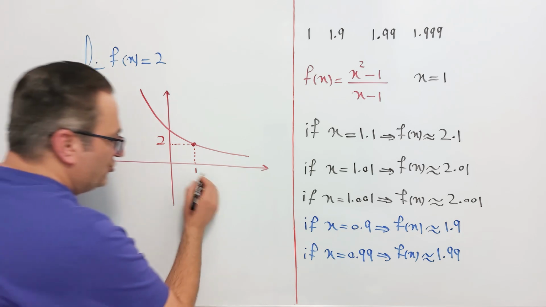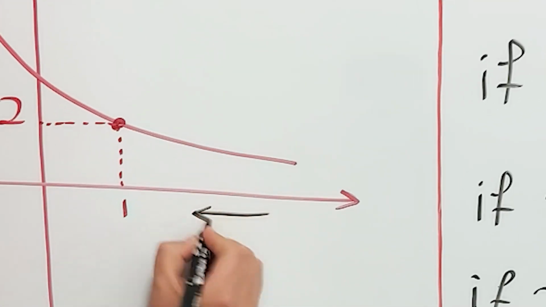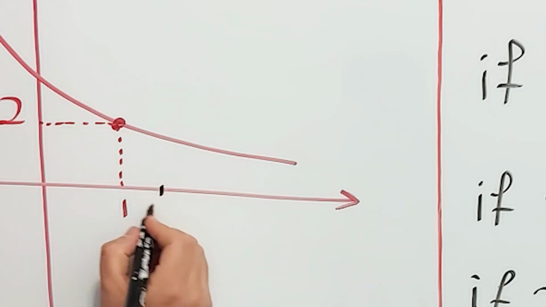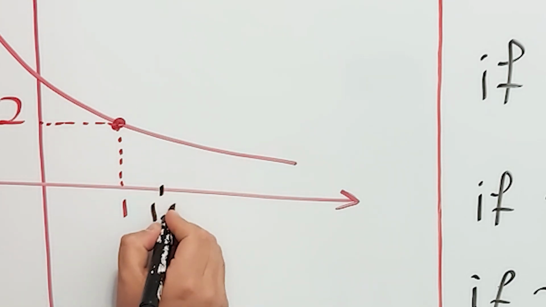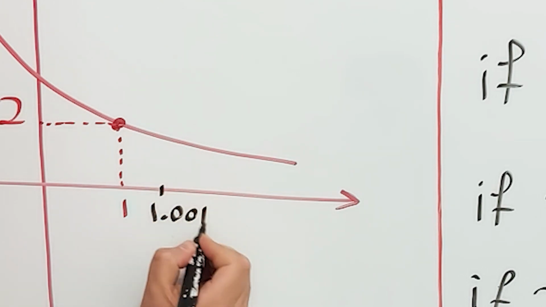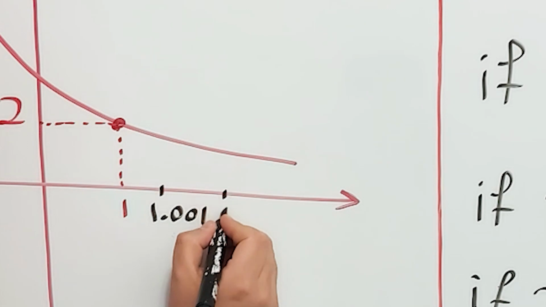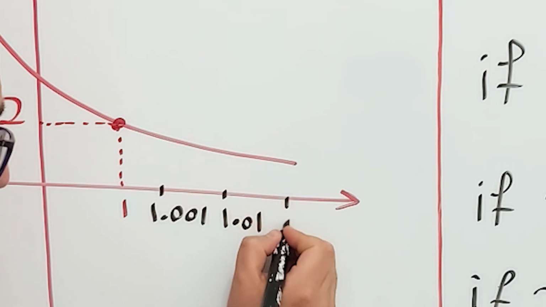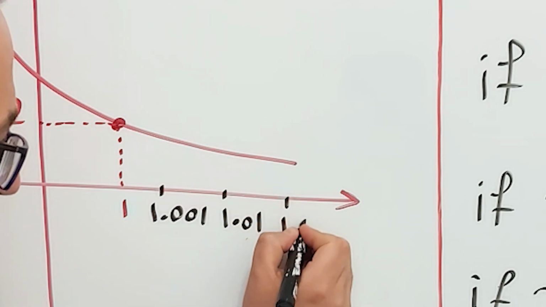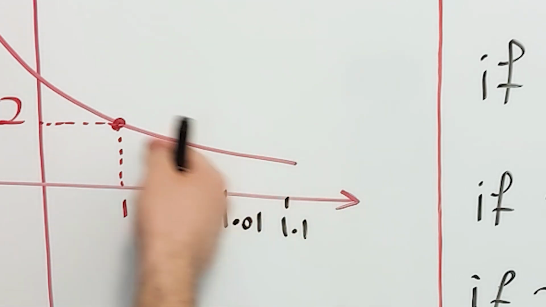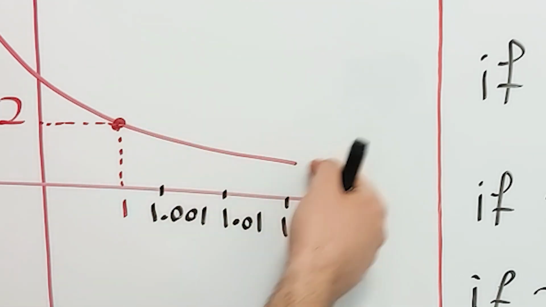So if we approach 1 from the right, for example here is 1.1, 1.01, 1.001. Okay, so the graph approaches 2 from below.